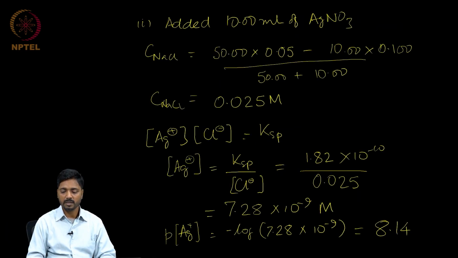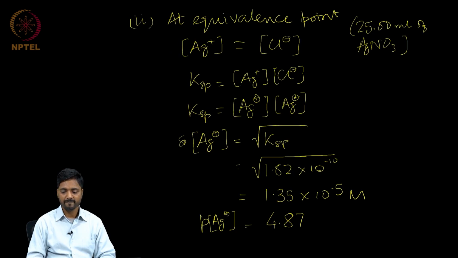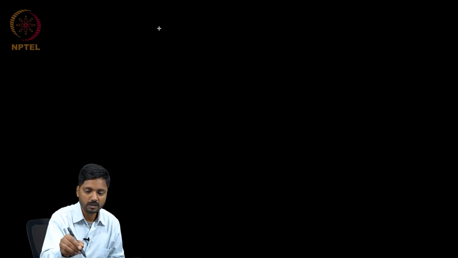However, till 10 ml of silver nitrate addition in the previous case, the pAg value was 8.14. So, we will see that as we keep adding more and more silver nitrate, the pAg value will undergo significant reduction. Let us see what is the pAg value beyond the equivalence point.